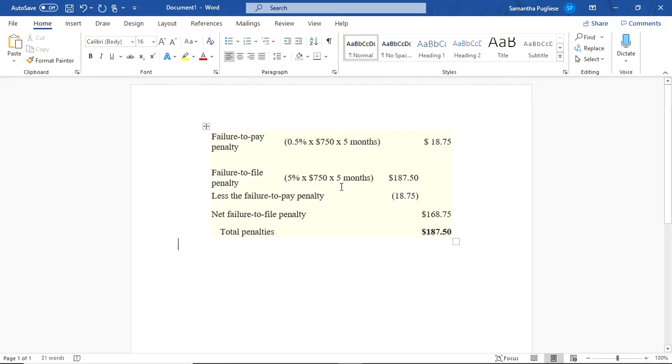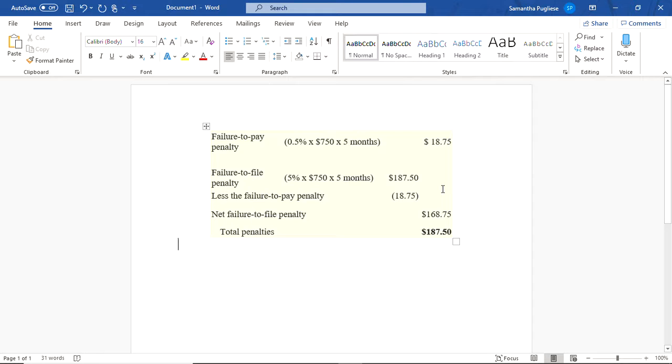And then $750. And then whenever you have both penalties, like you do in this problem and exactly how you do in that example problem in the book, then you deduct the failure to pay penalty from the failure to file penalty. So basically you're adding this number up here and you're subtracting this number down here.